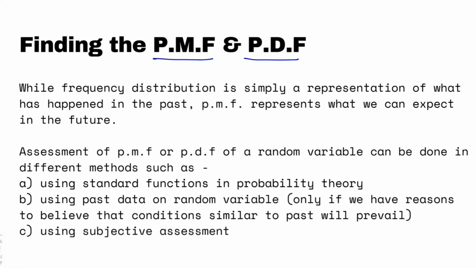We had standard probability assignment, where if there are n outcomes, we consider the probability for all those n outcomes to be equal, that is 1 by n. And when we are using past data, we are assuming the probability to be a relative probability, and subjective assessment is when we assume the probability to be a subjective one.